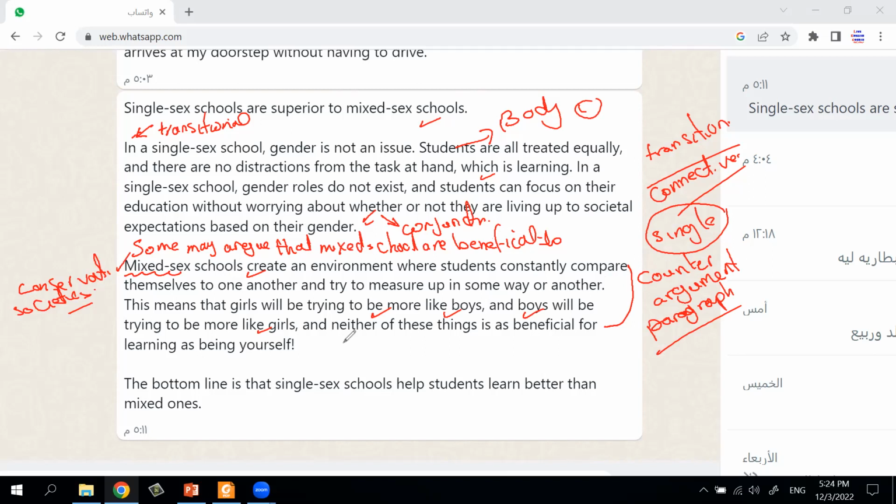What you will explain in the counter argument, mention what others believe, and then prove that it's invalid. This is a good way to write the counter argument paragraph. Here, the bottom line is that single-sex schools help students learn better than mixed ones.